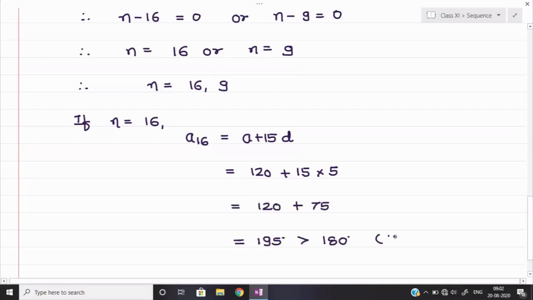We know that any interior angle of any polygon cannot be more than 180 degrees. That is not possible.